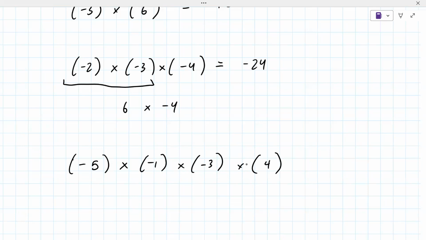Positive 15. Wait, two negatives equal a positive, so positive 5.